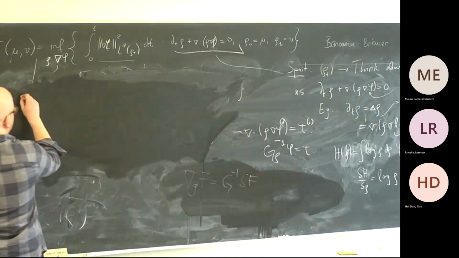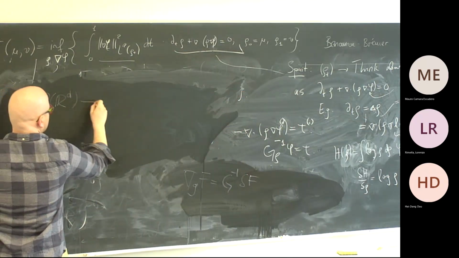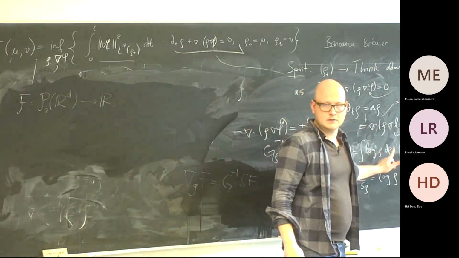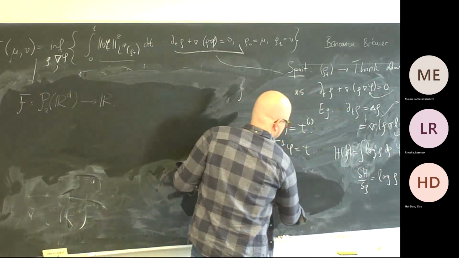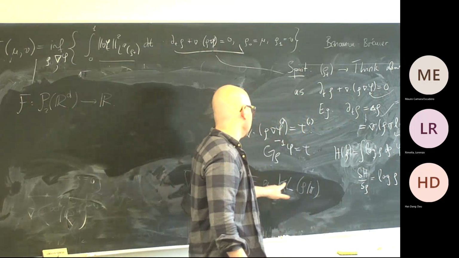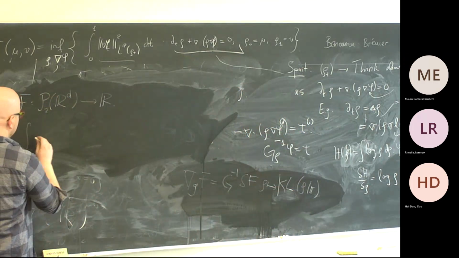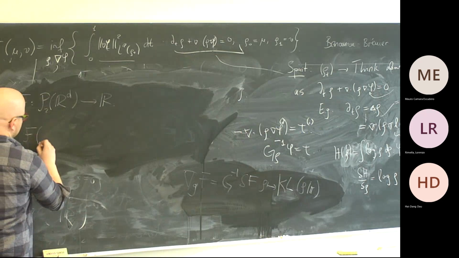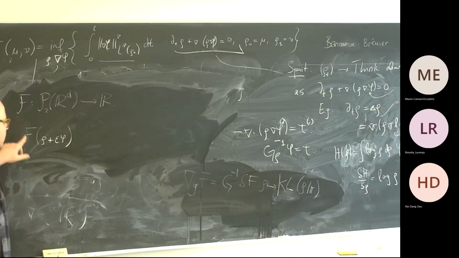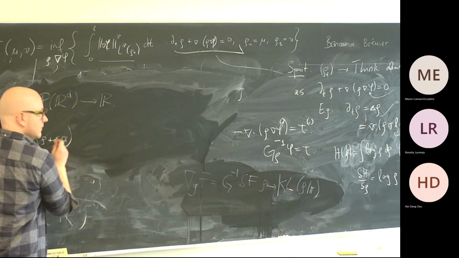Okay, so if we have a functional, like this one, or like this one, and we can do this. Okay, so we want to compute some sort of derivative, so we make a small perturbation. Maybe I use a different letter, somehow lambda or, I don't know, alpha.